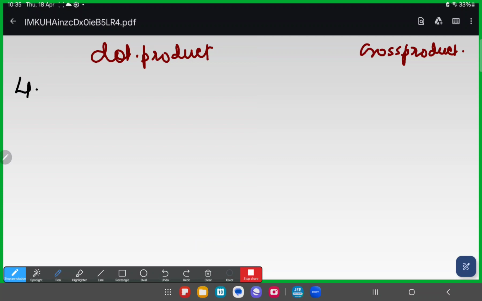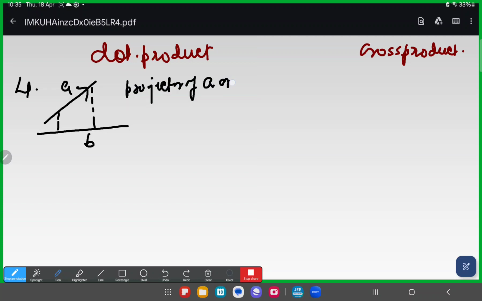Point number 4: let's say this is vector A and this is vector B, making angle theta, and you have to calculate the projection of A on B. So here the projection will be A dot B upon mod B. Don't you feel this is a direction?